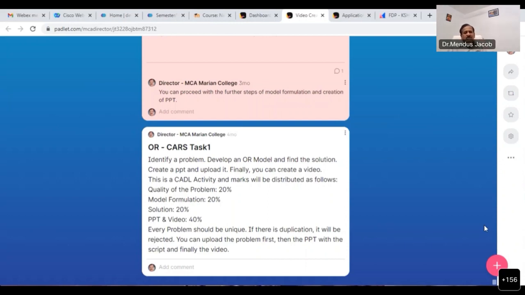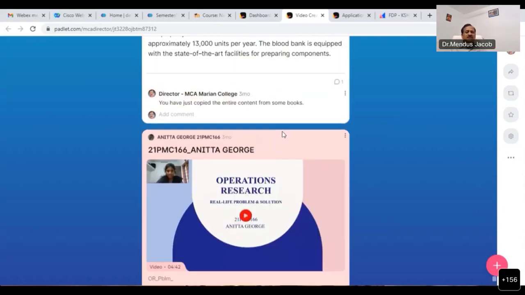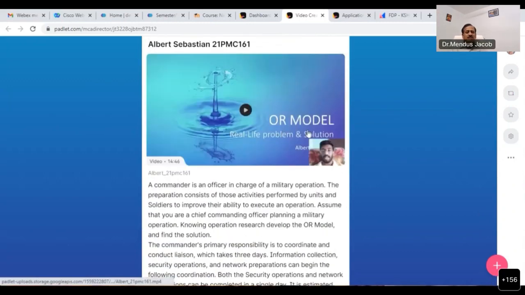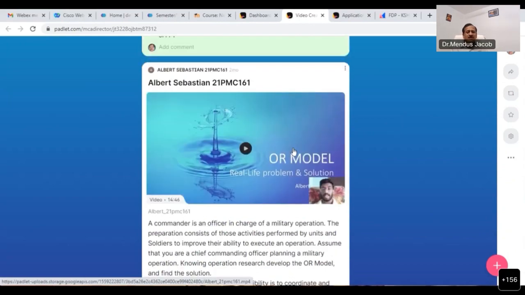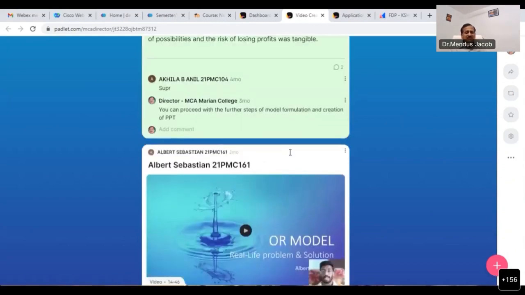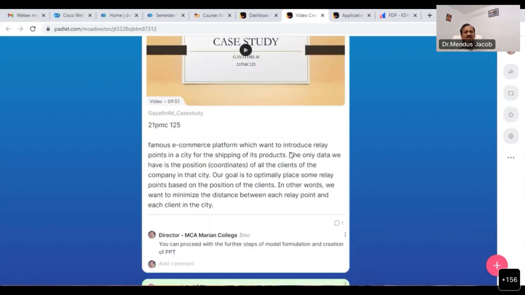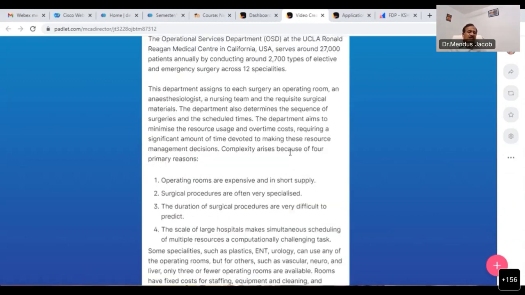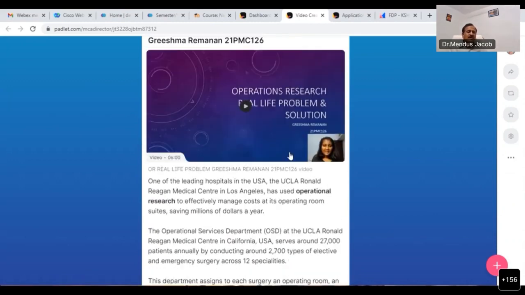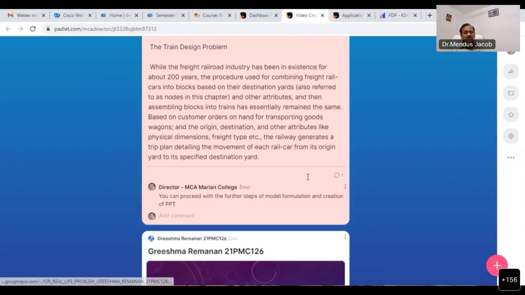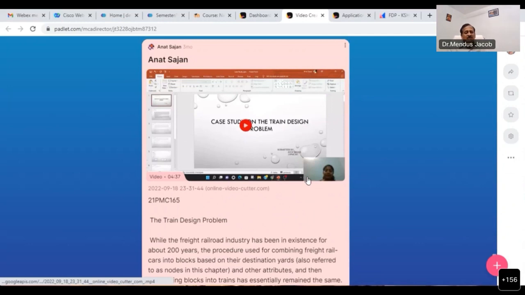So the same case, here also the student will submit, and the next student, when submitting the assignment, has to look at the other submissions like this, and they are creating videos. In that way, once they study the content and create the PPT, and then create the video, definitely they will learn more.